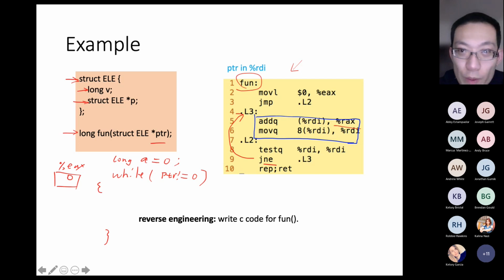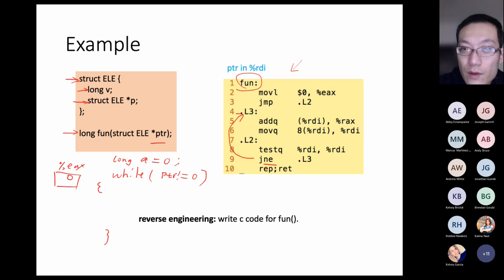So we need to figure out what is in the RDI right now, which is PTR. So we have the PTR and are trying to find what is inside of it. Let me clear this a little bit. So let's look at RDI.